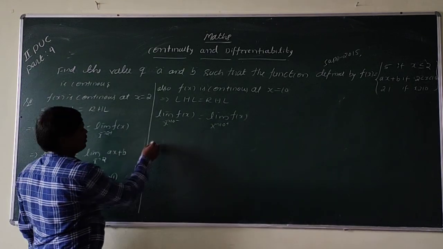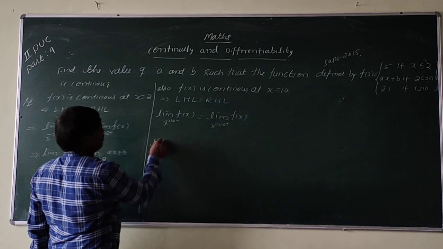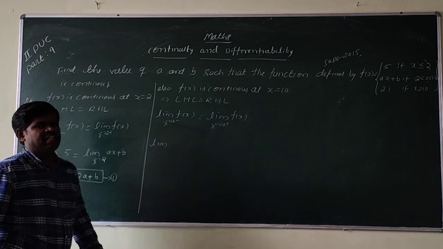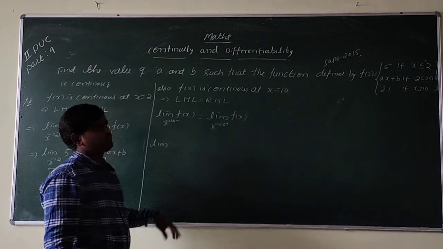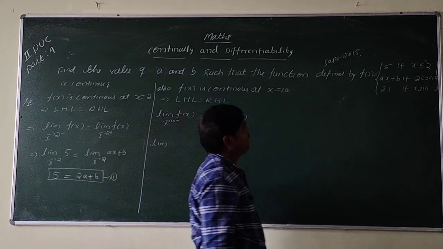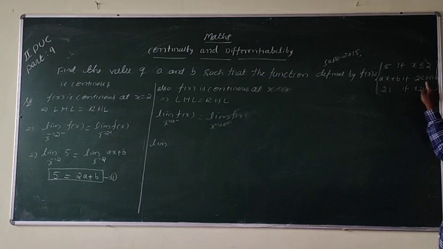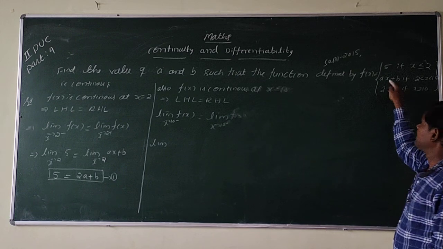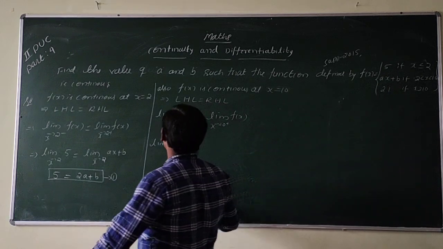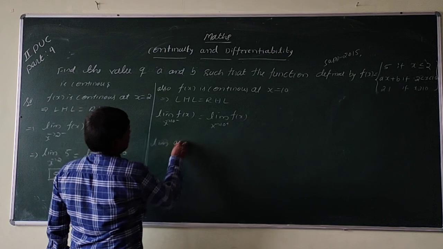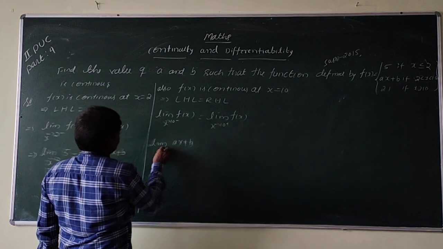Limit as x tends to 10 minus means the value of x is less than 10. So f of x is ax plus b for x less than 10, therefore we are taking ax plus b, as x tends to 10.